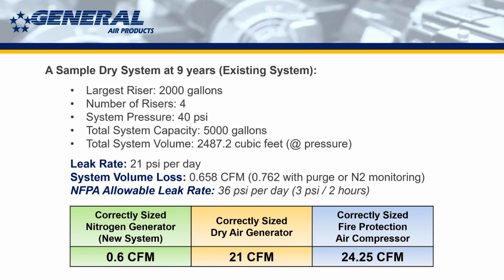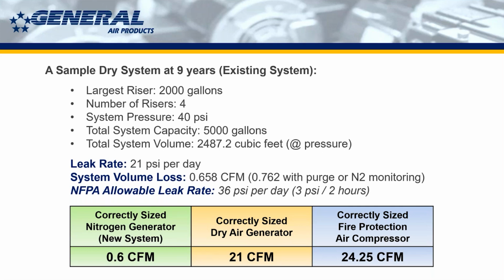At 9 years, our leak rate has kicked up to 21 psi per day, and that equates to a system volume loss of 0.65 CFM. Now, note my third point here is that the 36 psi per day is the allowable leak rate for NFPA 25. So we're still within the parameters of NFPA 25's allowable leak rate.